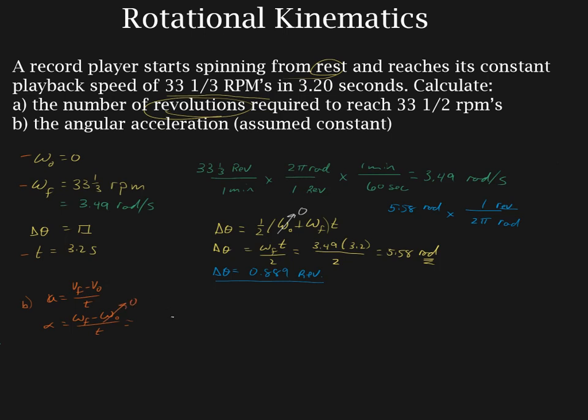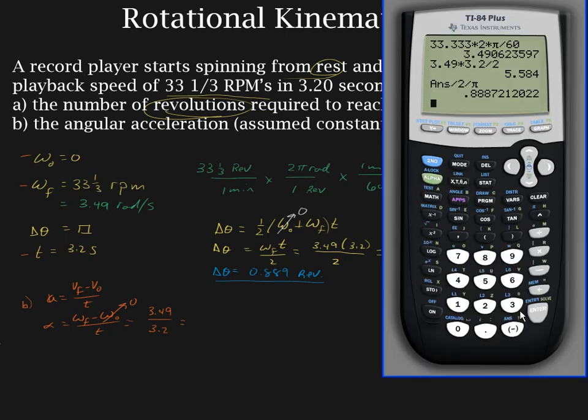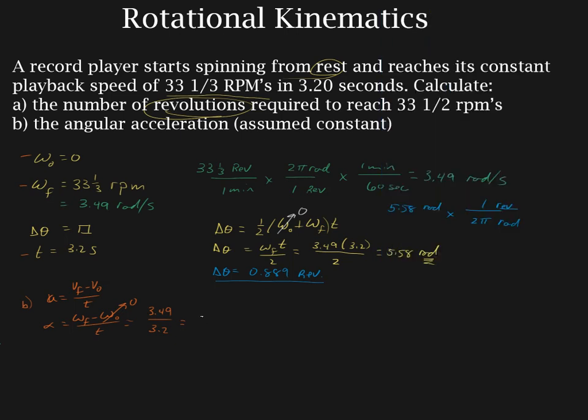Omega initial was 0, and so omega final is 3.49. Divide that by the 3.2 seconds, and our acceleration becomes 1.09 radians per second squared.